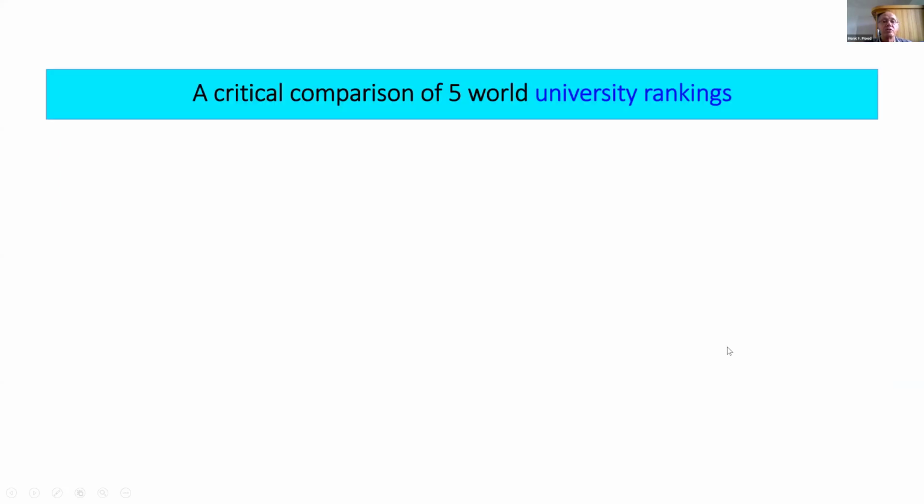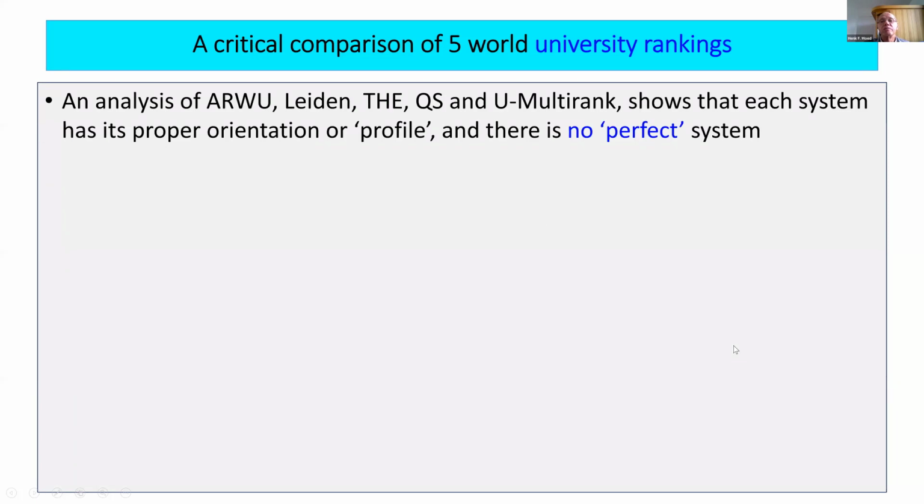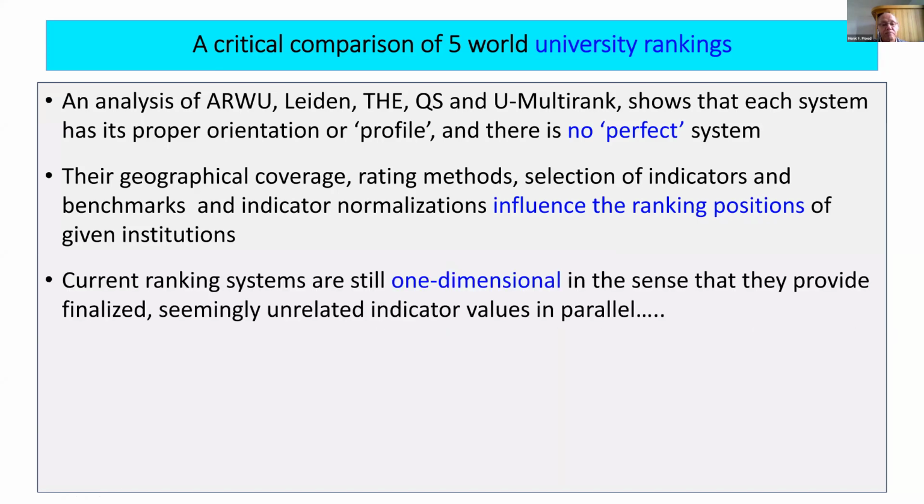This is my position. As regards the university rankings, again, there's not very much time, but I wanted to underline again that the geographical coverage and rating methods, selection of indicators, and indicator normalizations influence the ranking positions and are also affected by political and social factors. There are many examples of that. Maybe in the discussion I can show you some examples.